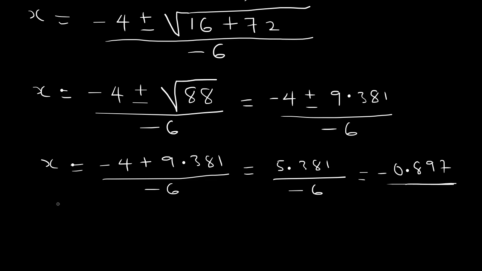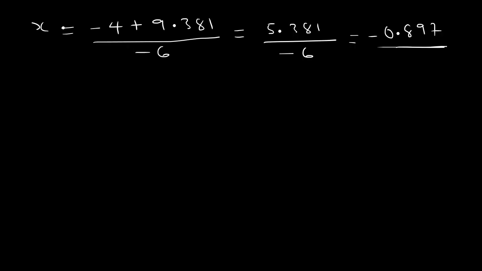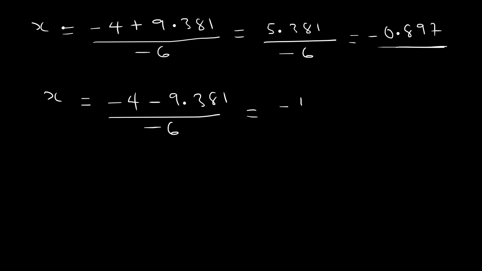Now, our second case, we'll take the negative. So we'll have x is equal to minus 4 minus 9.381 over minus 6. And we'll have minus 4 minus 9.381 will give us minus 13.381 all over minus 6.